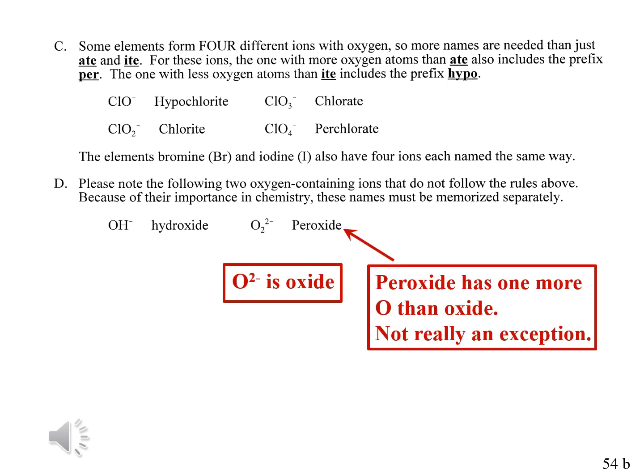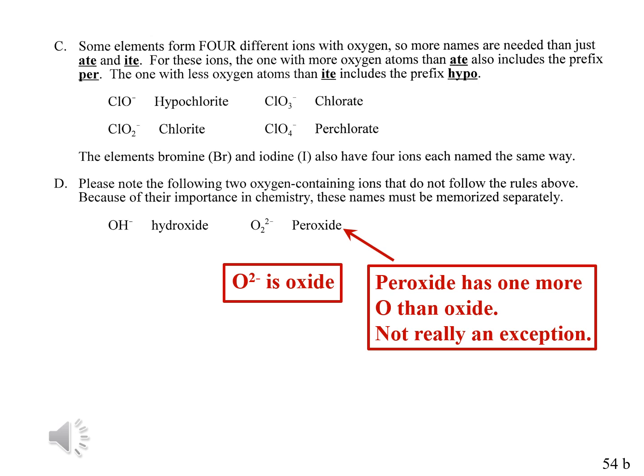There's also a very important negative ion. If you look at the formula O2 minus, that is the ion oxide. It's oxygen with a 2 minus charge. But there is an ion that has one more oxygen than oxide, so they use the prefix per.